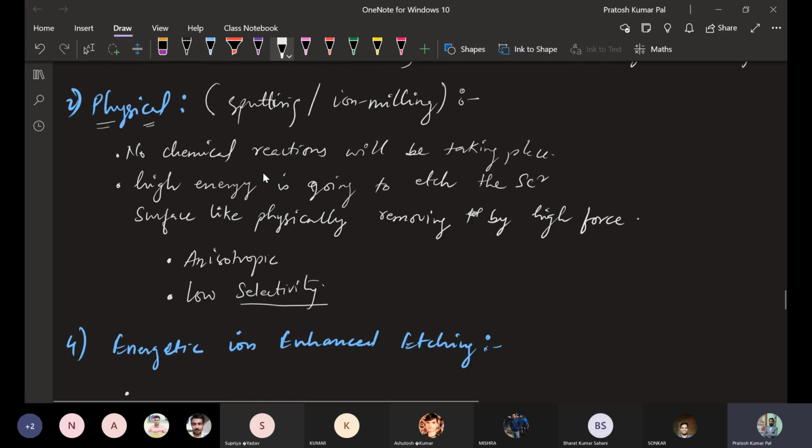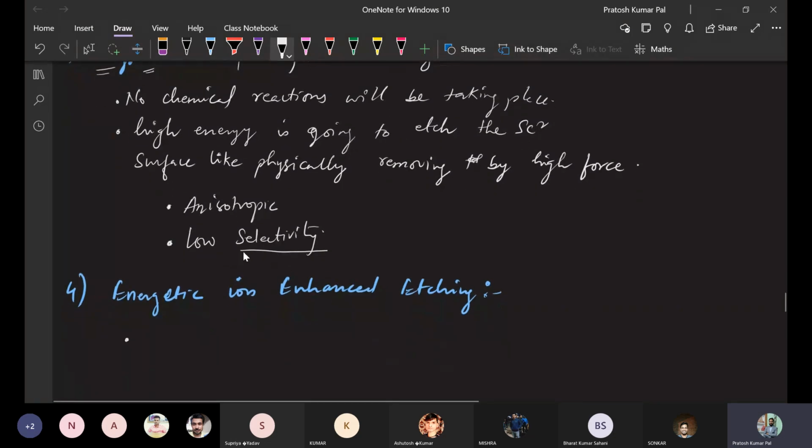So here we will be using energetic ions with enhanced etching. Enhanced means here we will be using a chemical so that we will be increasing the selectivity. Because in physical etching we are able to obtain an anisotropic type of etching, but selectivity is low.